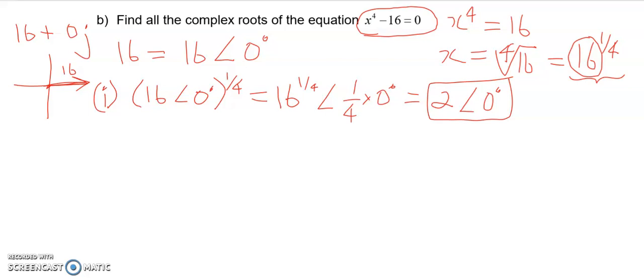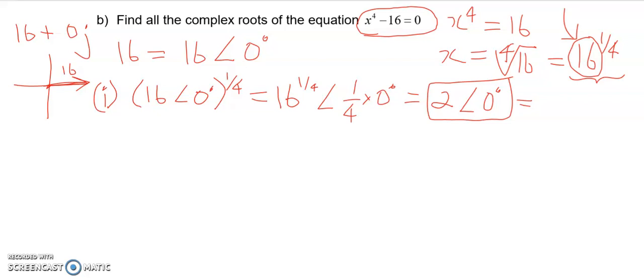Now remember though, this is actually in polar form. The original number, 16, was in rectangular form. So if you were to change this into rectangular form, remember how you do that, you need a plus bj. A is equal to r times the cosine of theta. So that would be 2 times the cosine of 0 degrees, which is equal to 2.